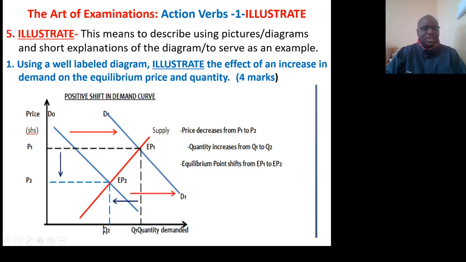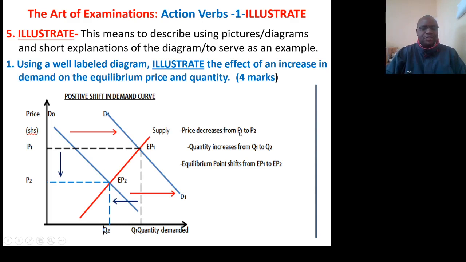The title, the axis, well labeled, the various quantities or prices, equilibrium point 2, equilibrium point 1, and then the arrows showing shift of demand, the arrow showing increase in price, arrow showing increase in quantity demanded, and then the explanations.